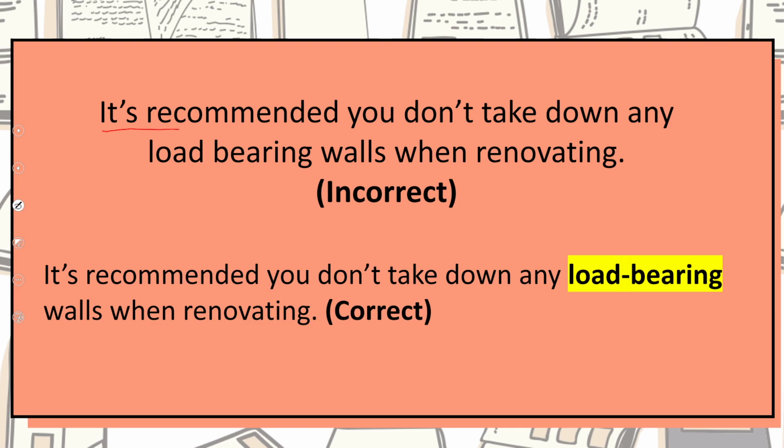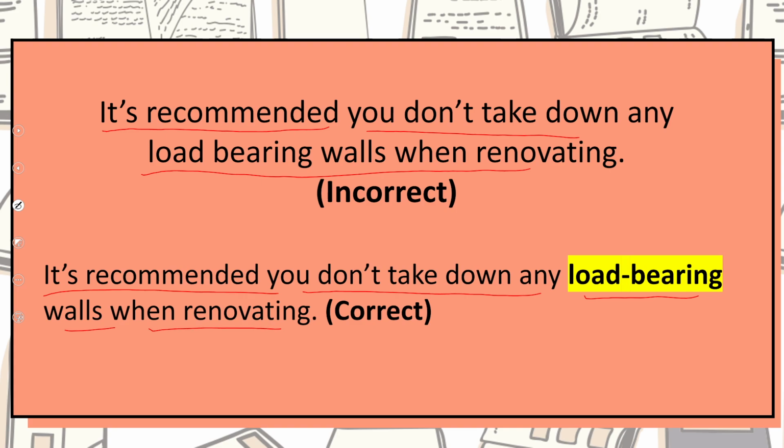It is recommended you don't take down any load-bearing walls when renovating. This is incorrect because this sentence requires you to add your hyphen punctuation mark. But if we correct it, it's recommended you don't take down any load-bearing walls when renovating.